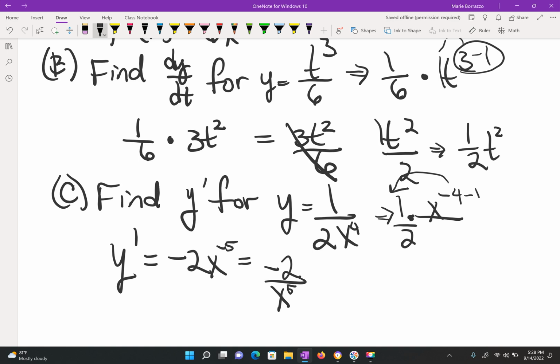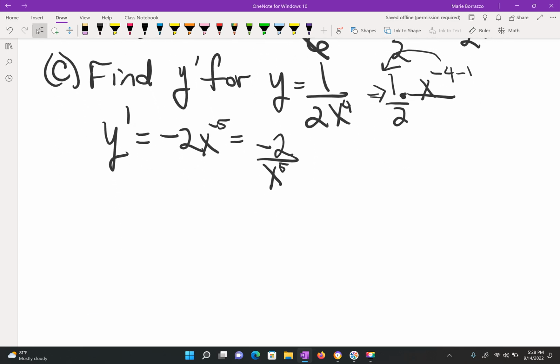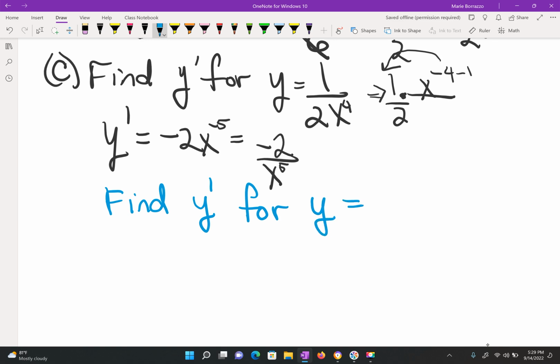You want to try one more of these? Okay, so let's do it in teal. I'm going to ask you to find y prime for y equals, let's do 2 over 3x to the 5th.